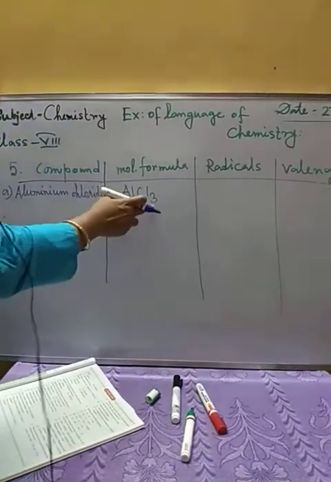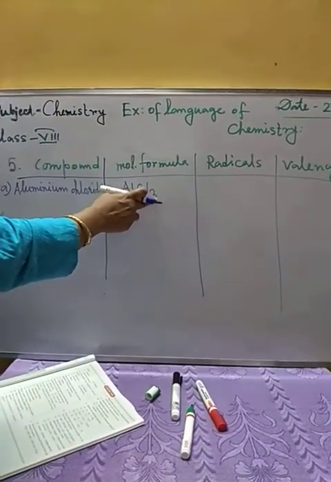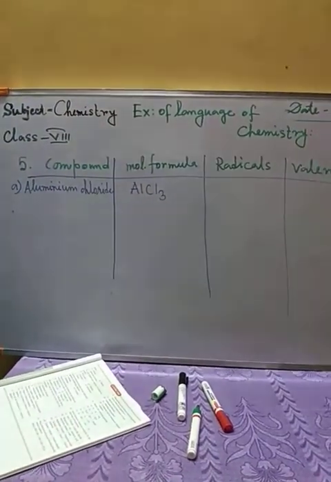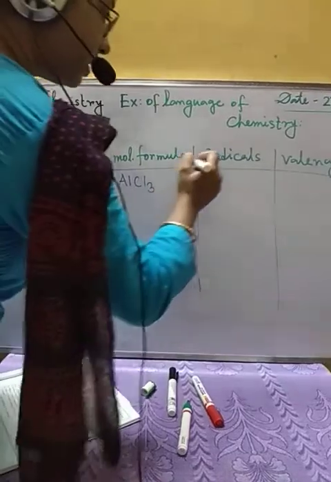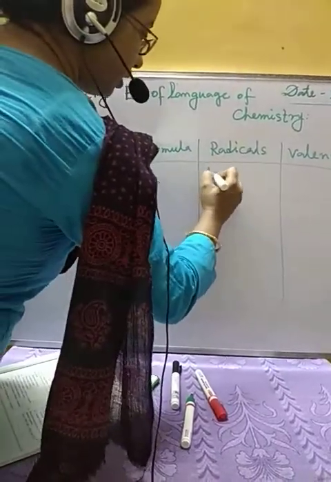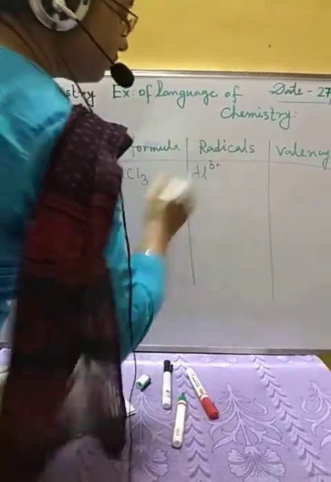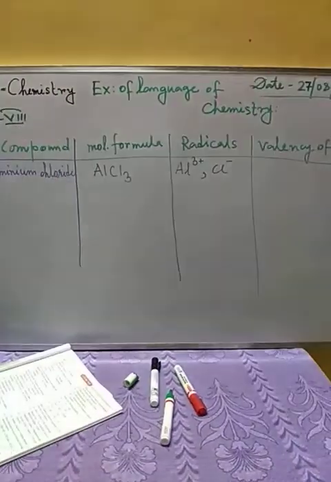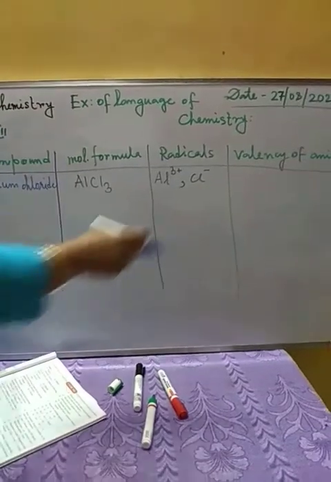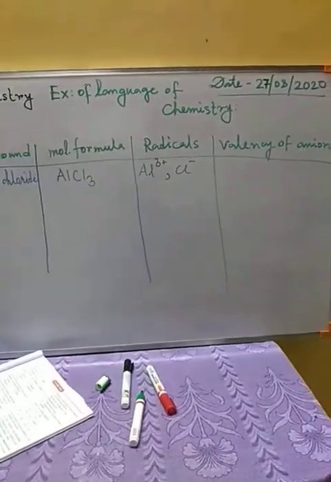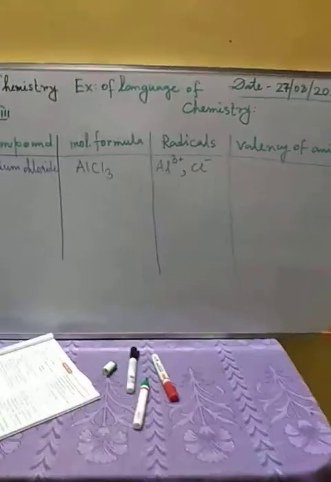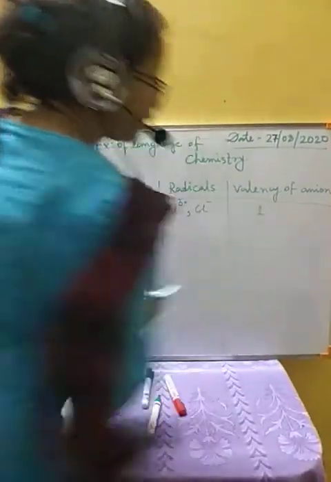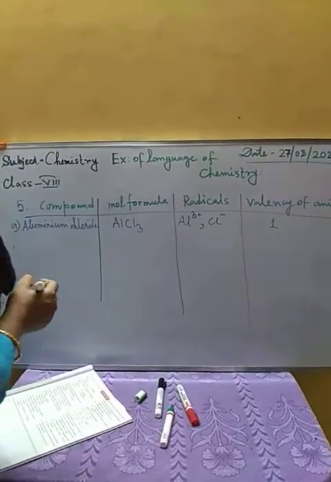Aluminium's valency will go to chlorine, so 3, and chlorine's valency will come to aluminium, that's why 1. The radicals present will be Al3+ aluminium and chloride Cl minus. These two are the radicals. From the radical we can easily guess the valency of anion. That will be 1.